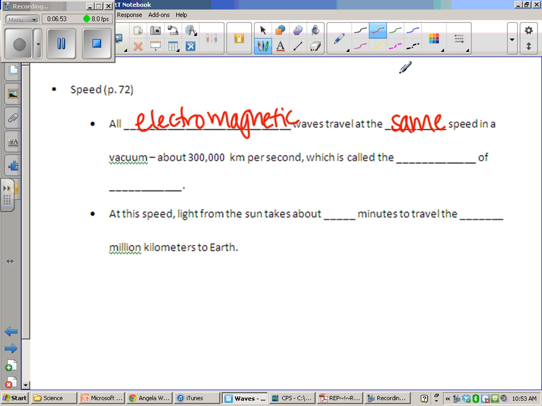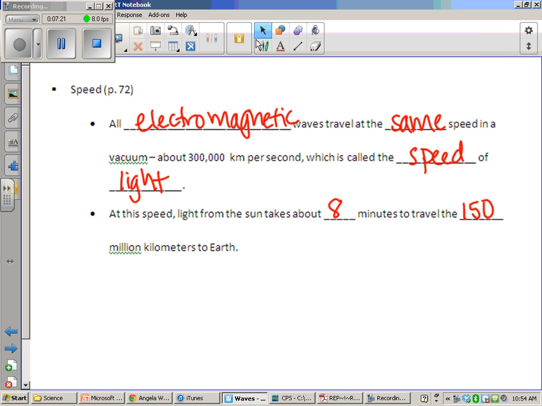And that's about 300,000 kilometers per second, which is called the speed of light. Okay, at this speed, light from the sun takes about 8 minutes to travel the 150 million kilometers to Earth. So this moves very quickly. These waves move very quickly through the vacuum of space.